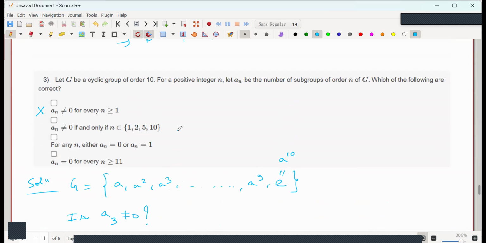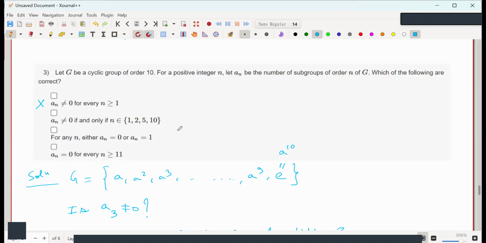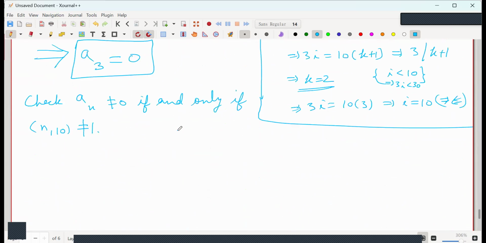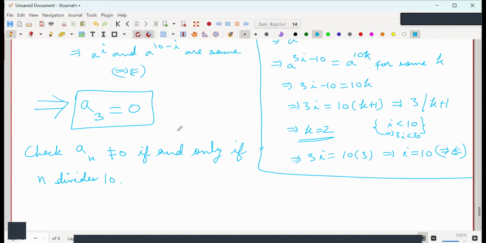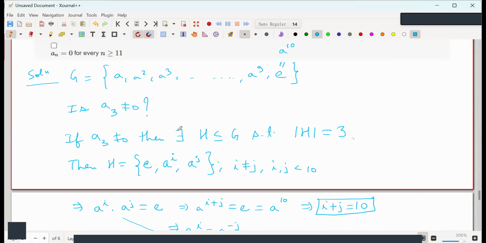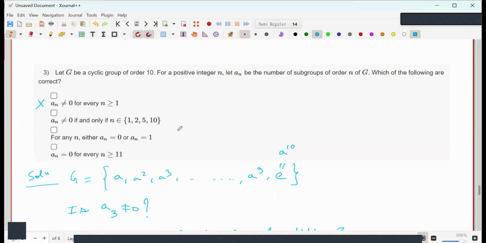So 1, 2, 5, 10, all these have GCD not equal to 1 with 10, oh, there is a catch. So I should not write like this. I should write if and only if n divides 10. The previous one would have left out the n equal to 1 option, but there is a subgroup of order 1, right? The singleton set of the identity. So it should be n divides 10, not the GCD one. So this should be the correct thing.